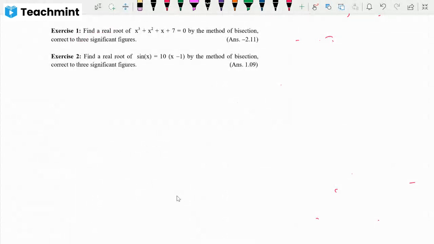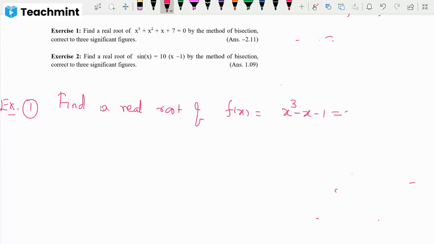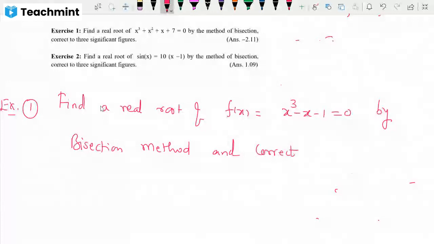So example: find a real root of, suppose the polynomial is f of x equal to x cube minus x minus 1 equal to 0, by the bisection method, and correct up to 4 decimal places.